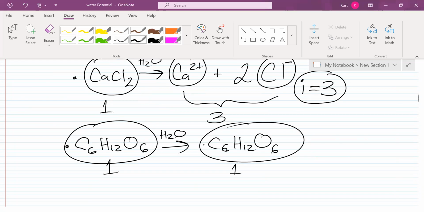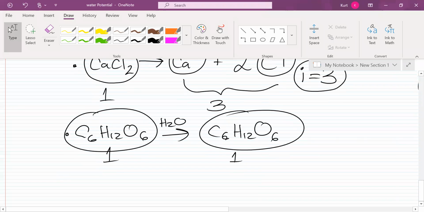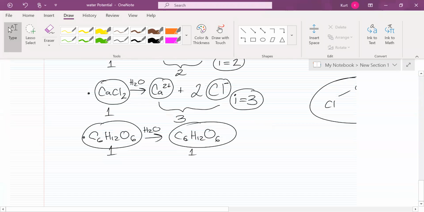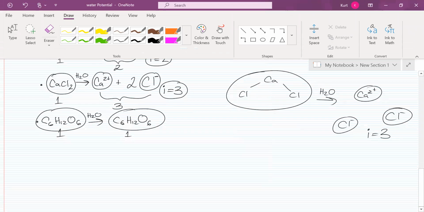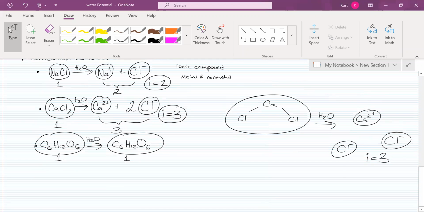It's 2 different things. An ion is a charged metal and a nonmetal bonded together. Molecules don't have metals, so there's no charges. There's no ions to be had. How can you ionize if you're not an ion? Okay, any questions?